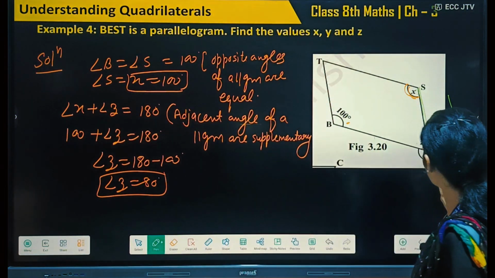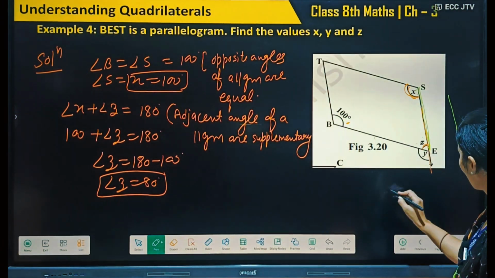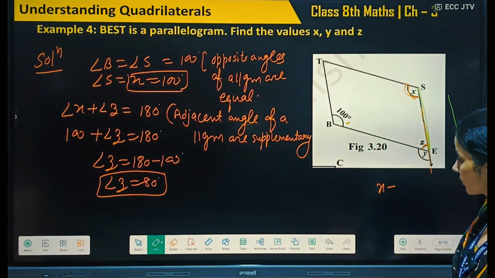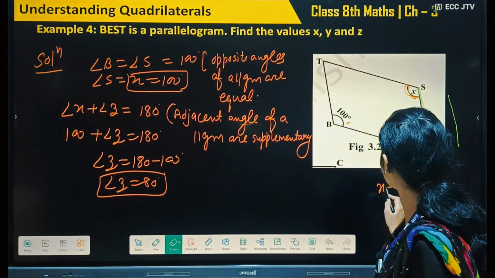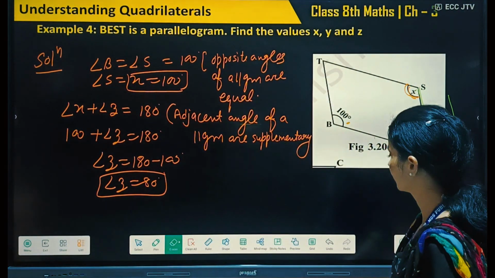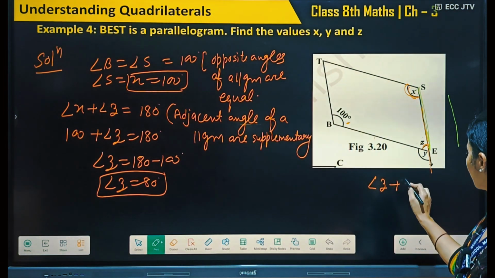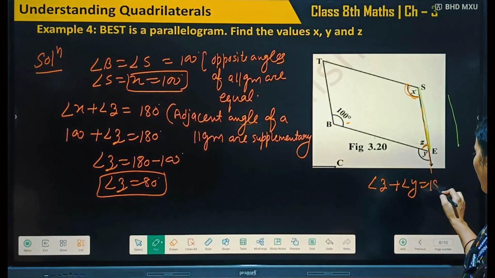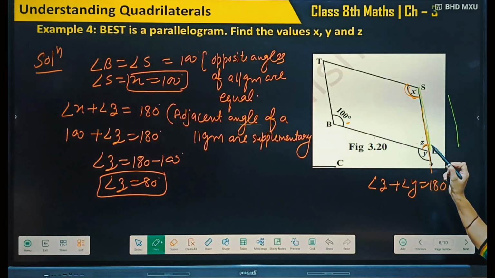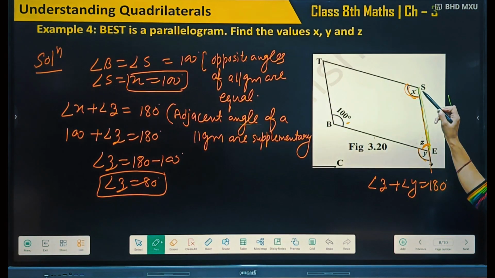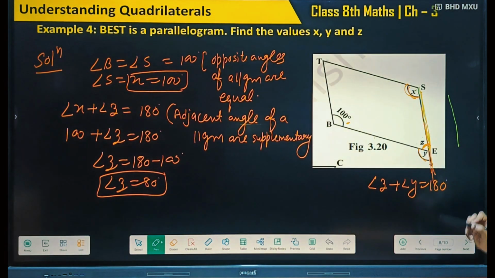Now see, this is a line. Angle Z plus angle Y equals 180. This angle Z and this angle Y form a linear pair.